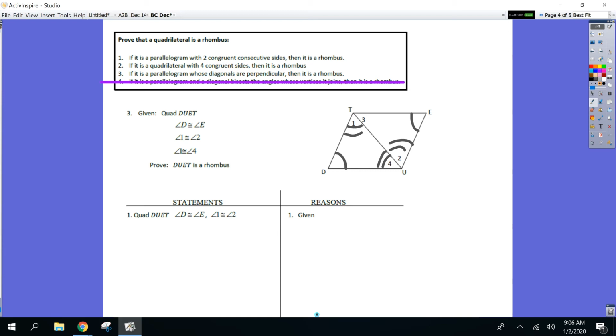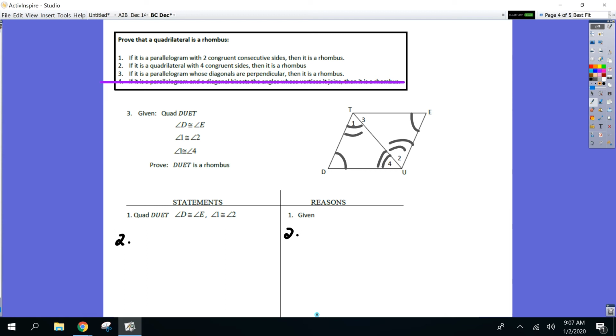Okay. So first thing I look and I say, all right, can I get all 4 sides congruent right away to make this a rhombus?